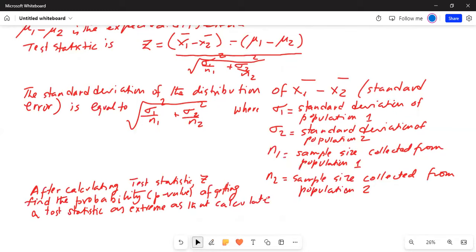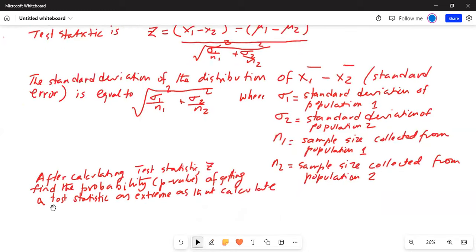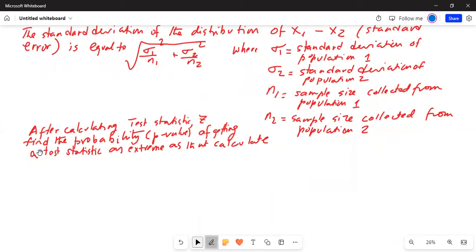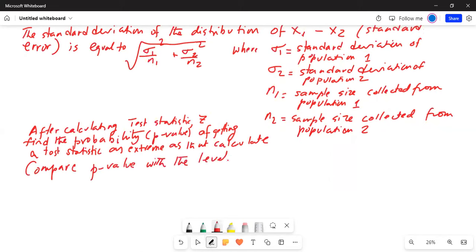And then compare the p-value with the level of significance. Okay.